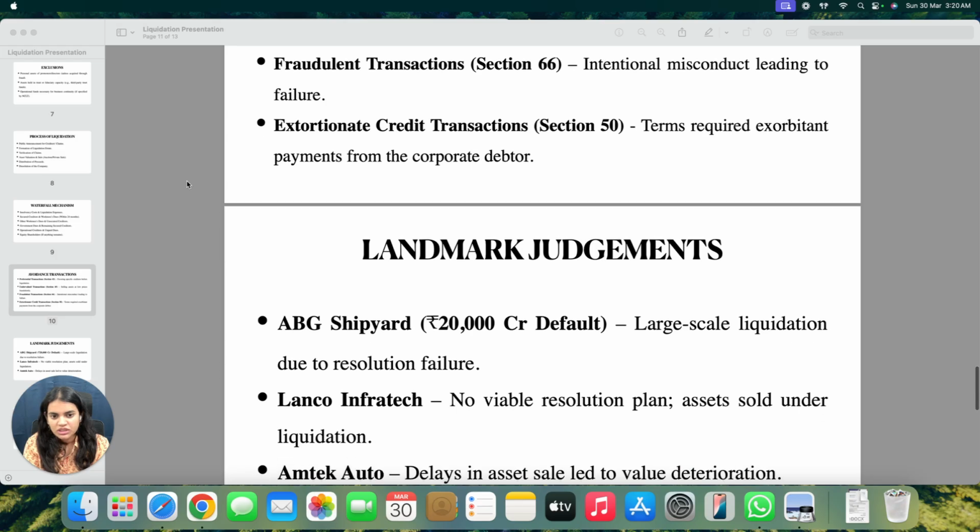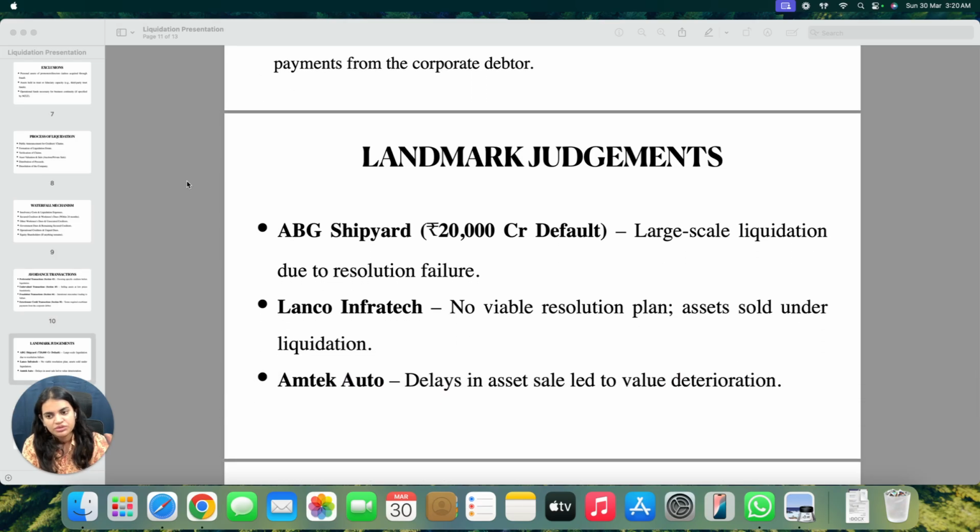So, there are a few landmark judgments. You can have a look at the instance of ABG Shipyard. It's a huge company with a very large debt size. However, due to various complications, the CIRP in this matter was a failure and the company had to be liquidated.